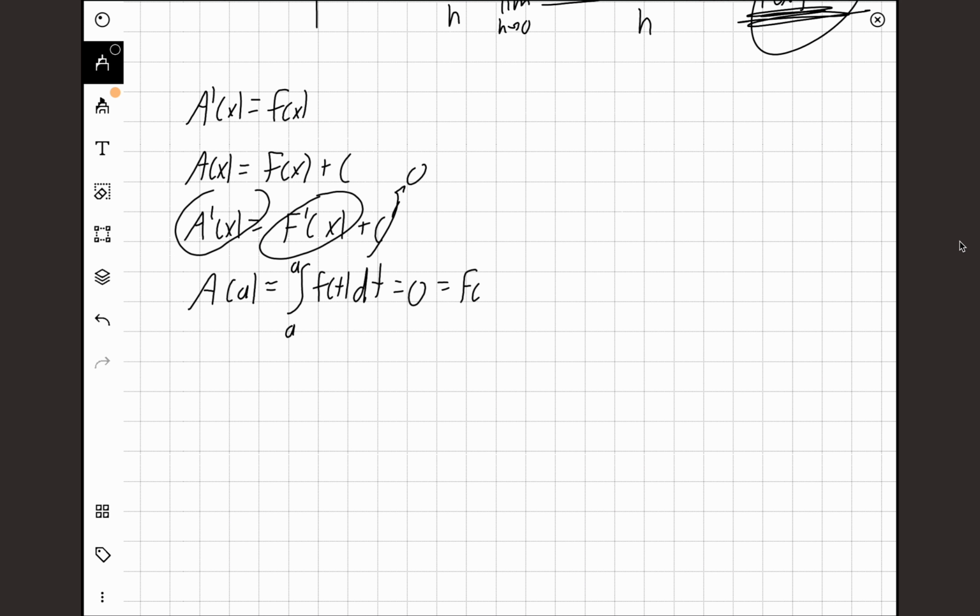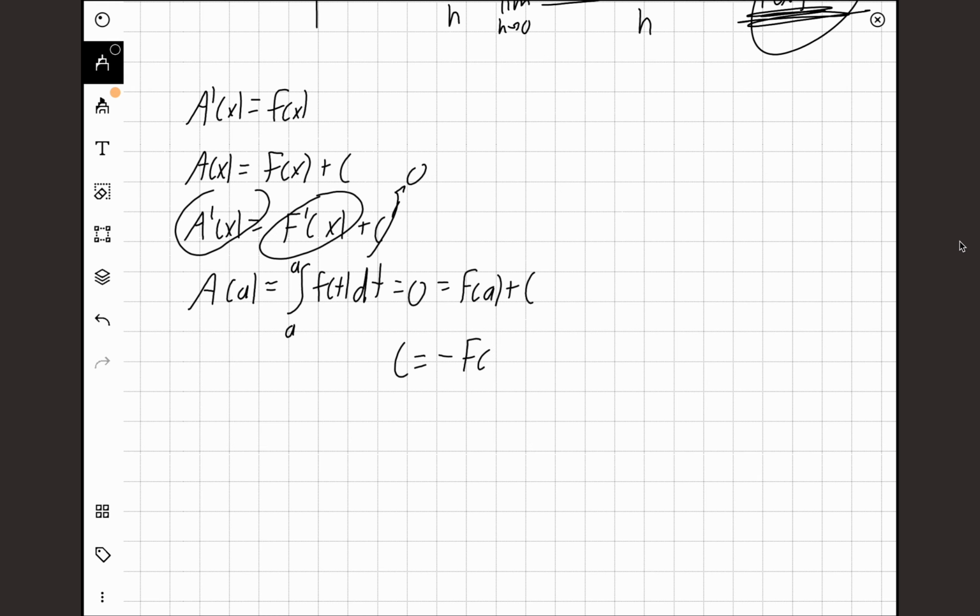So that equals F of a plus c, and that equals 0. So what does c equal? C has to equal negative F of a. I just put F of a on the other side. So our area function A of x equals F of x minus F of a. If I choose a c such that they have the same derivative, and if I evaluate the function at the point a, I see that c has to equal this.